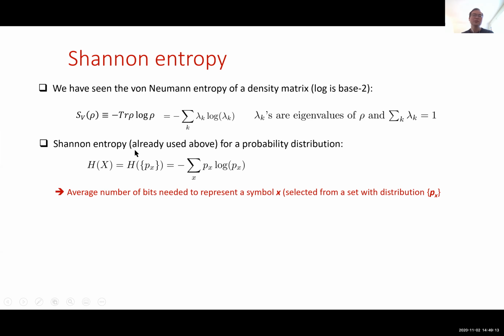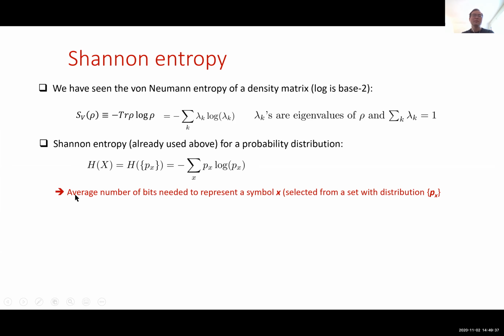Okay, so usually you would say there's a variable x that appears according to probability distribution px, in more of the classical terminology that people use in information theory. This is the same, it's just I'm replacing lambda k by px, okay?